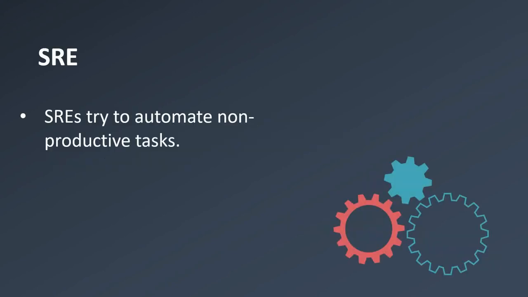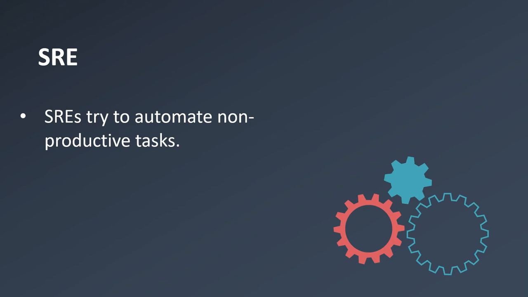And from time to time, as I said, we try to automate non-productive tasks. There is some kind of deployment, some kind of tests that are running, and we try to automate that so that we get higher efficiency.